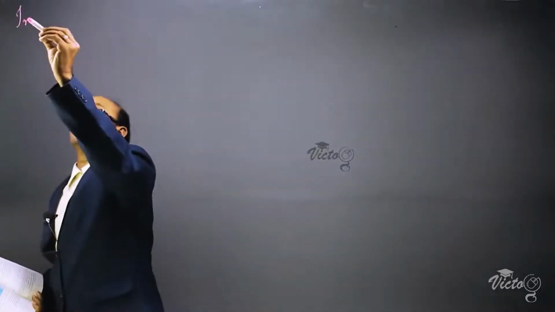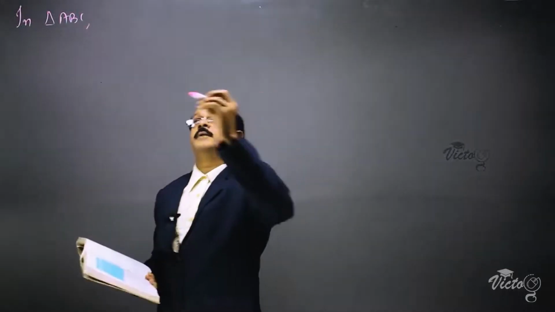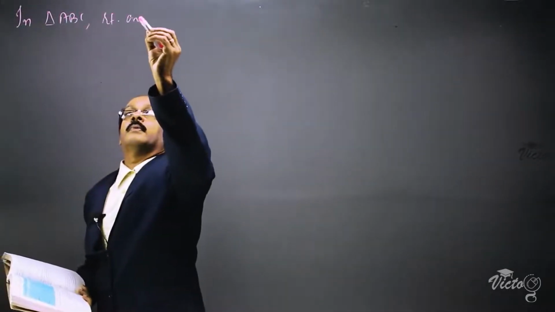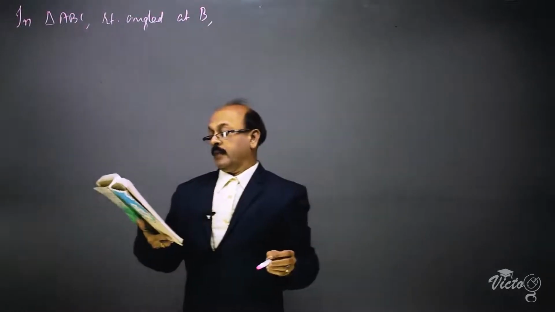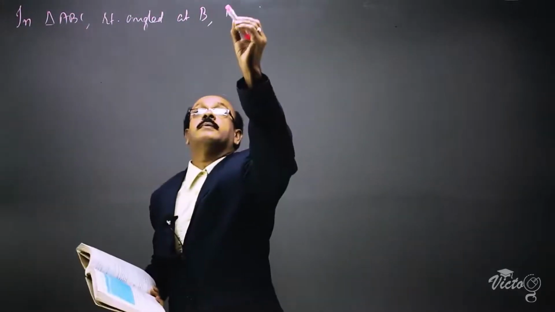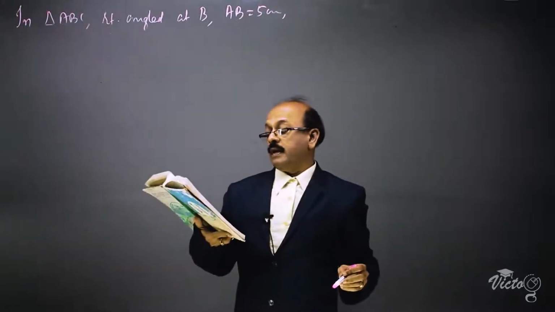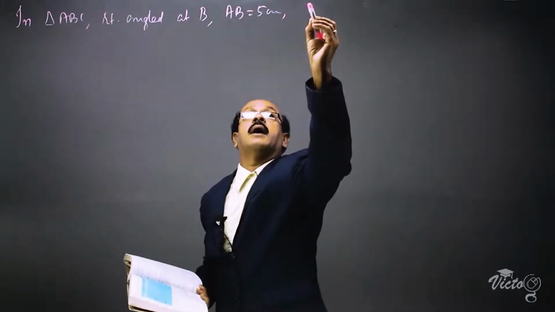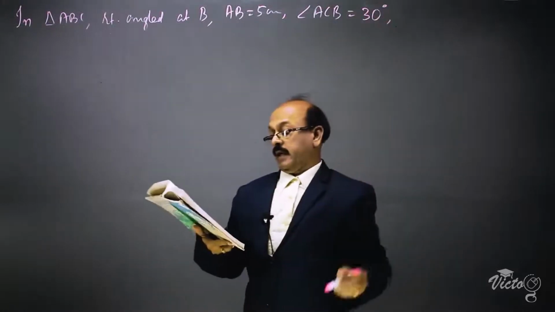Now we are going to do the problems based on the angles and their values. So the question is, in triangle ABC, right angled at B, AB is equal to 5 centimeter, and angle ACB is equal to 30 degree.